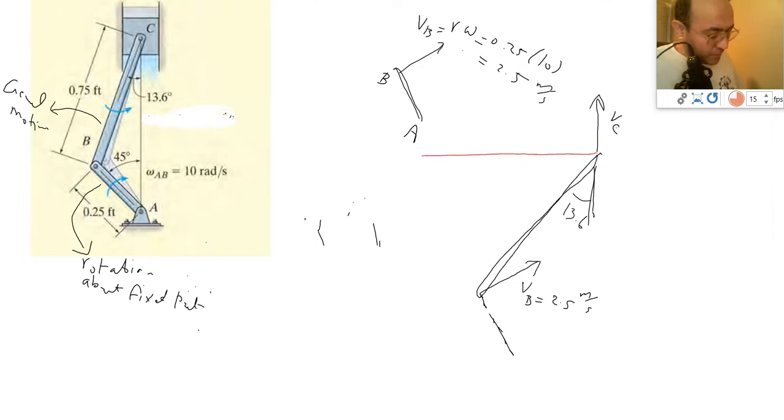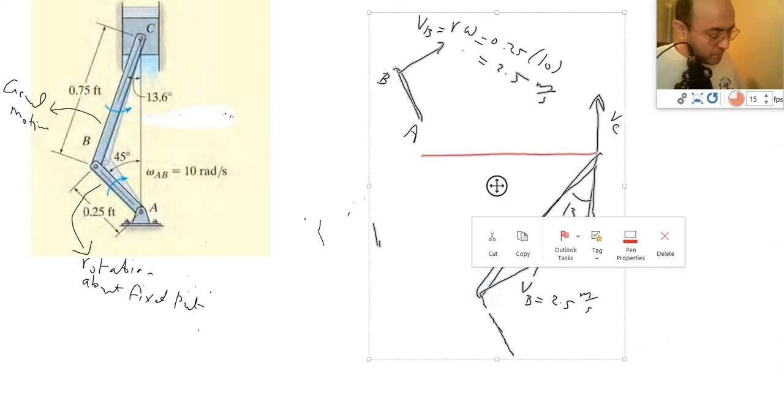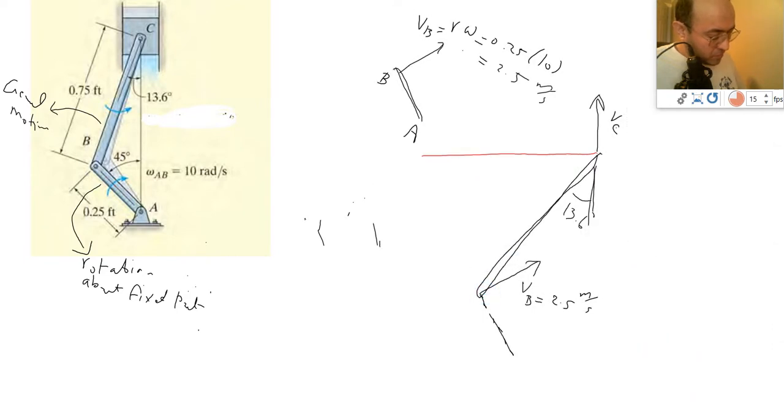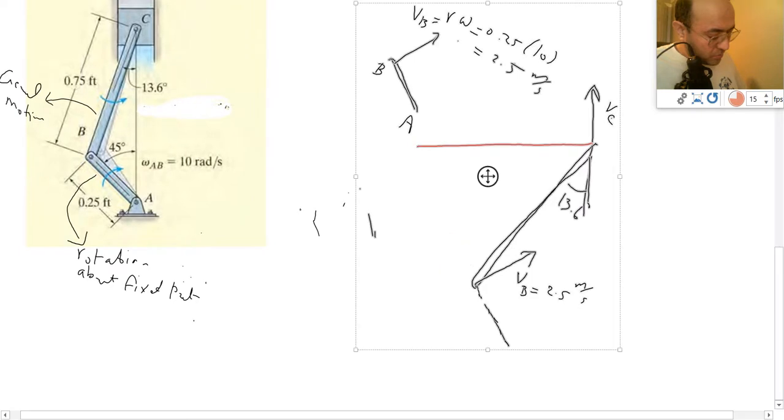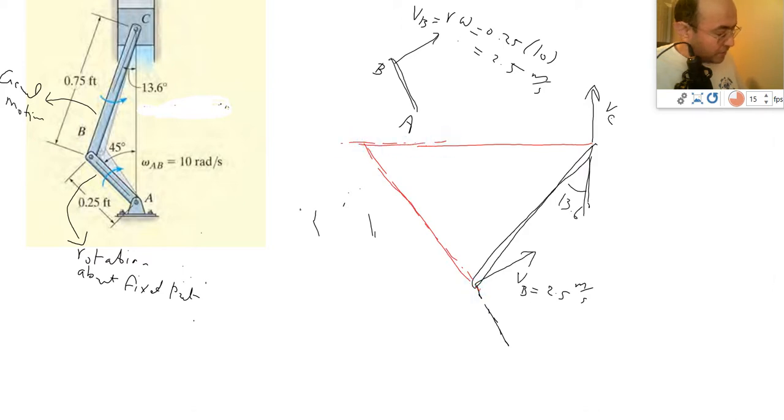I'm going to go perpendicular to VB, which is going to be, and that's where the intersection of these two is. I'm going to call this one point O. That's the center for zero velocity.